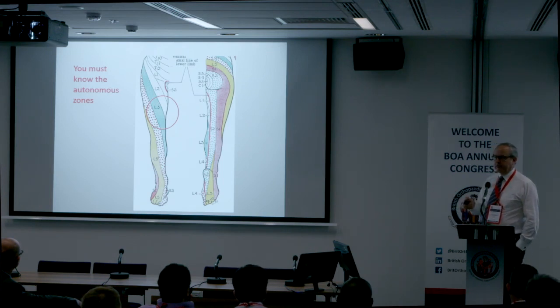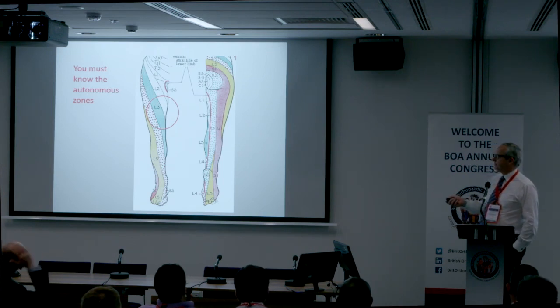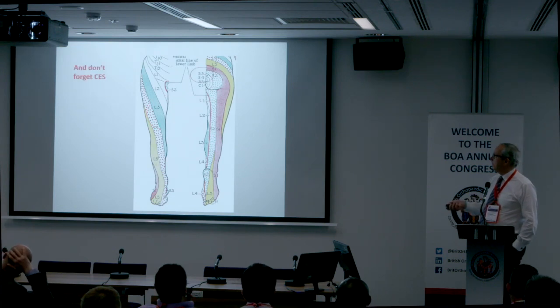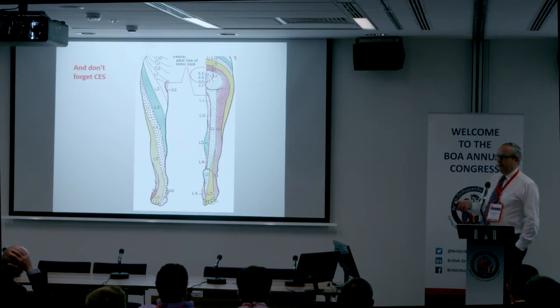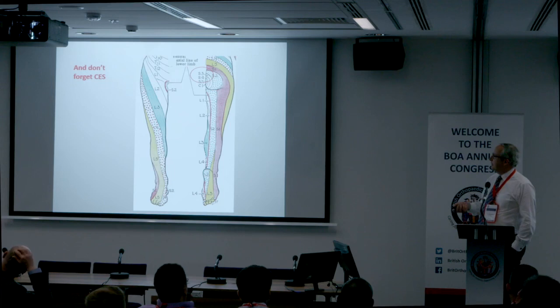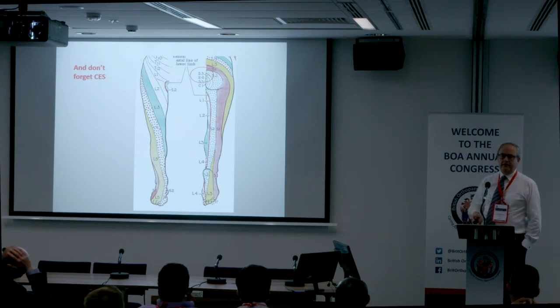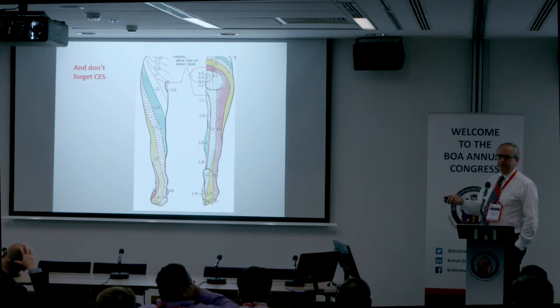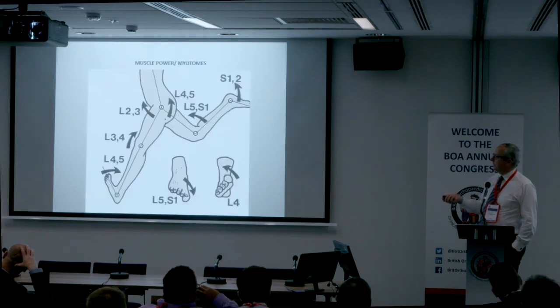And that's very important because there's quite a lot of crossover. Don't forget cauda equina syndrome. In the exam, you'll never do a PR, but it's always worth saying, and I might consider a PR examination if I were in the clinic.